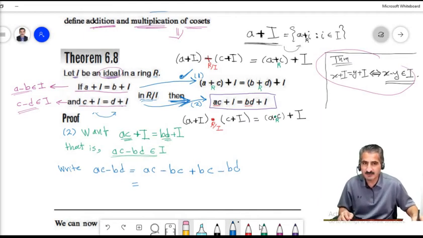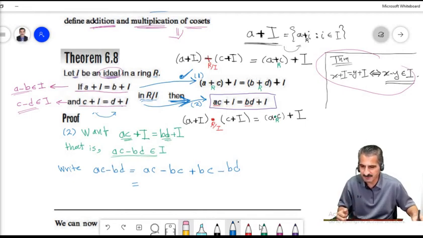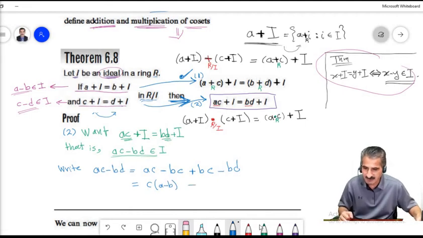Now we are in a ring, so we can use the distributive law in reverse. So we will have C as a common factor here, so it will be C times A minus B, and we will have B here, and this will be C minus D.